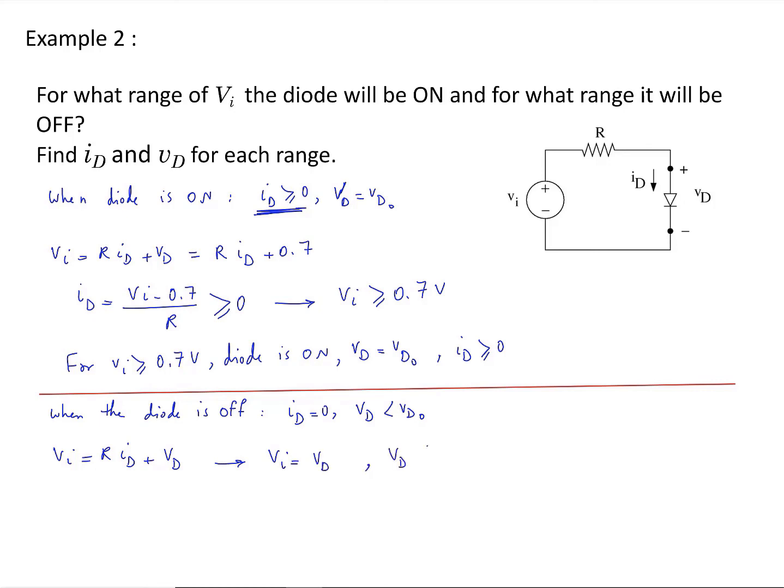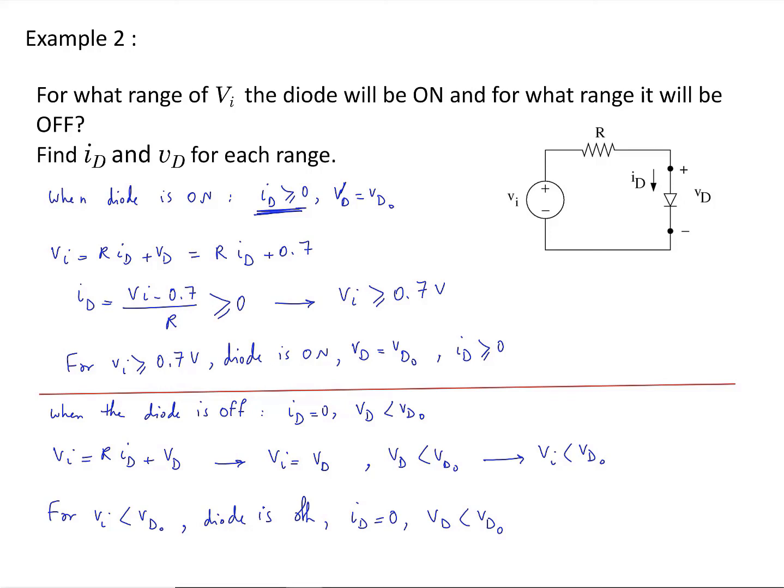Because I want VD to be less than VD0, in other words, the voltage across the diode is less than VD0 when the diode is off, I know that VI must be less than VD0 for the diode to be off. So for VI less than VD0, the diode is off, and ID is equal to 0 and VD is less than VD0.